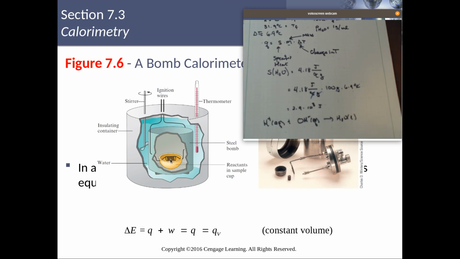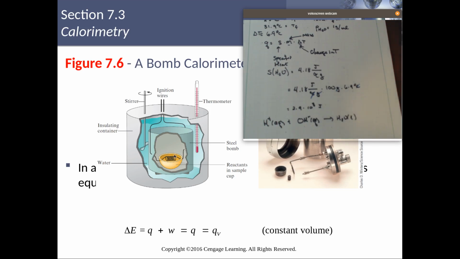So we're going to cause a reaction that consumes oxygen in this, and we'll measure the heat that's generated in the following way. Heat needs to be added to the system over the course of the ignition. I add so many amps or watts of heat in the ignition process. That has to be taken into account.